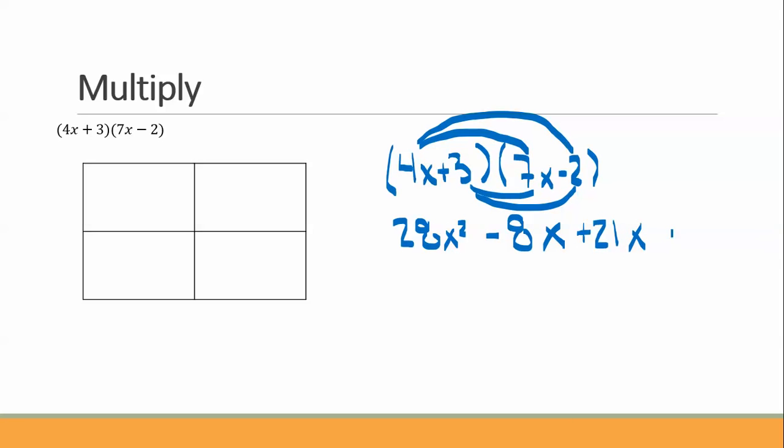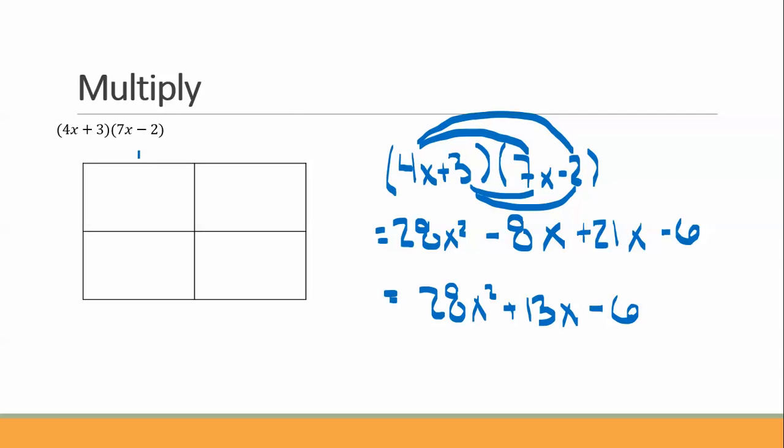And 3 times negative 2 is minus 6. Combining like terms, we have 28x squared plus 13x minus 6.